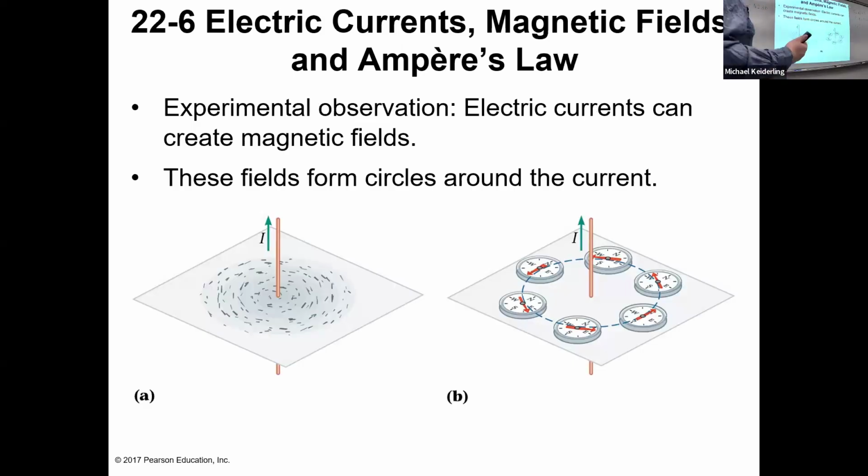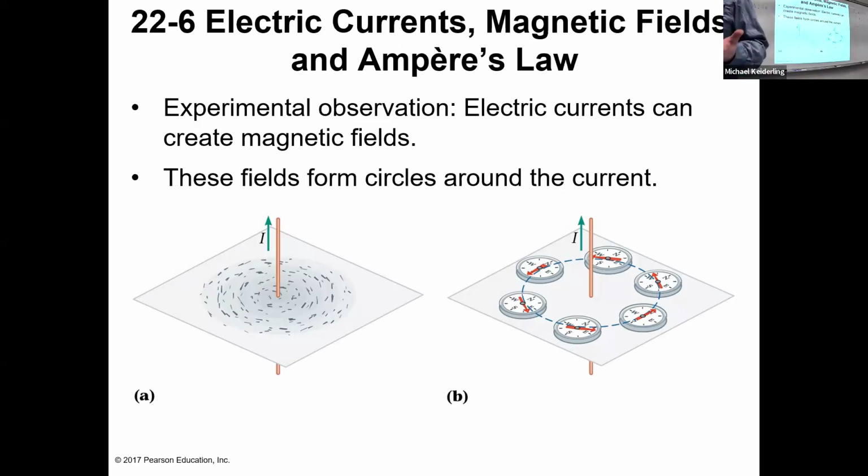So an experimental observation that you can make is that electric currents can create magnetic fields. If you run a current through a wire, you find that iron filings will form circles around it. The compasses will go around in a circle around it.